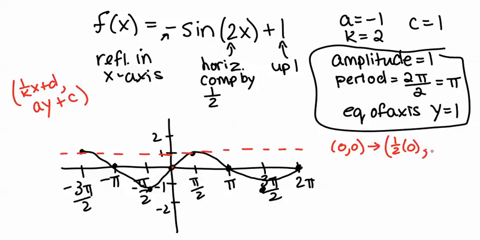There's no d, so that's it. And then negative 1 times 0 plus c, which would make my point 0, 1. So all that happens to this is it's actually just going to be here. So I'm going to assume all my roots are just going to get shifted up 1 because a stretch and a reflection is not going to affect my roots.